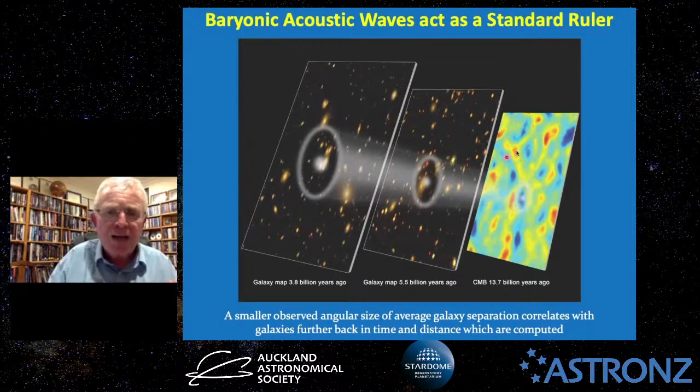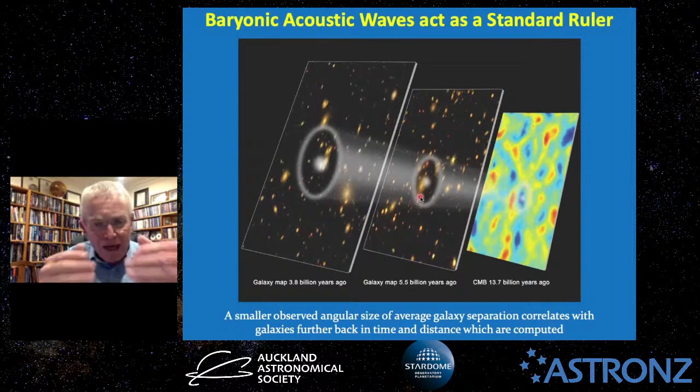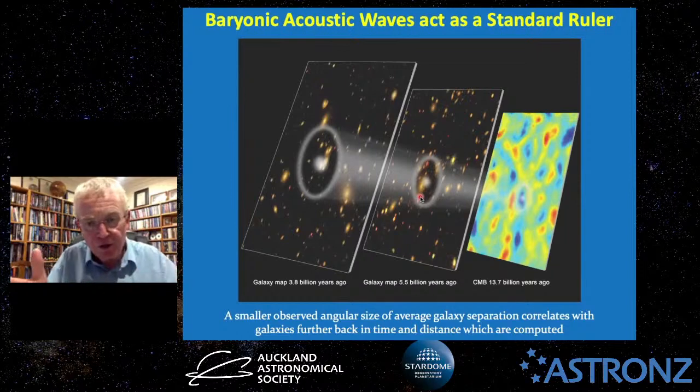So if you look back deep into space and you see an arrangement of galaxies and you measure the average separation of this sort of circular pattern, you compare that, put that into your computer, compare it with the size here from the cosmic microwave background and the size of today of 150 megaparsecs, you can work out when that occurred in the evolutionary expansion of the universe.